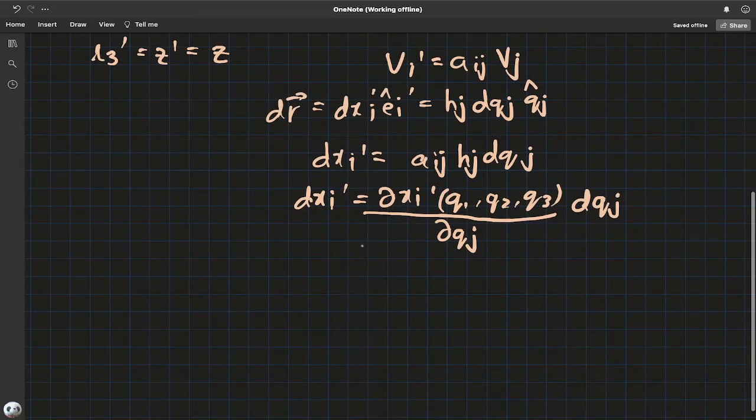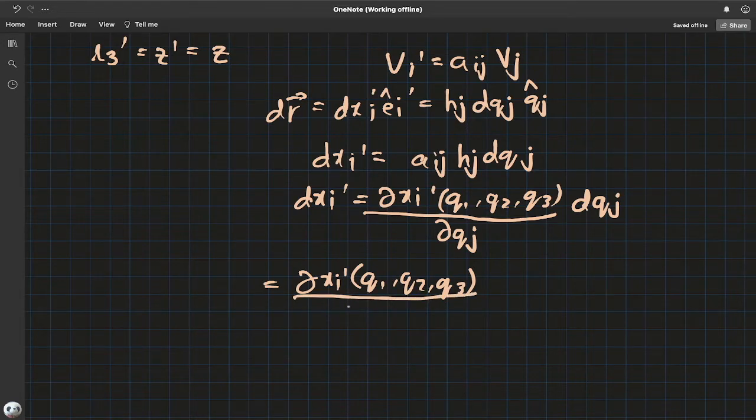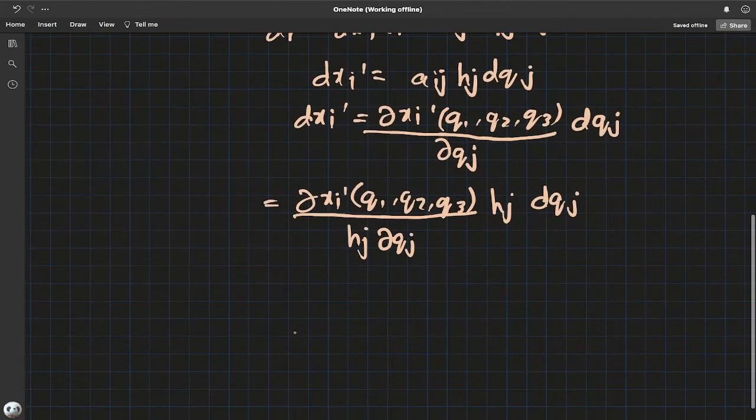So if you equate both sides, you get the relationship partial xi prime, a function of q1, q2, q3, divided by h sub j, partial q sub j, h sub j dq sub j. Just multiply, divided by the scaling factor.